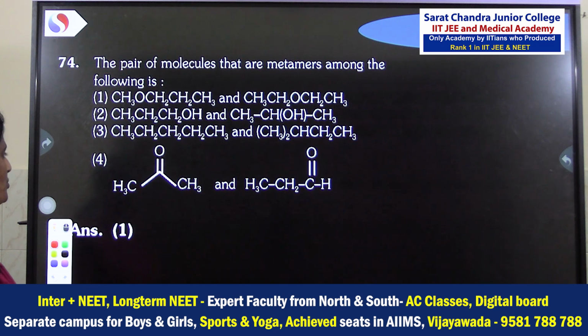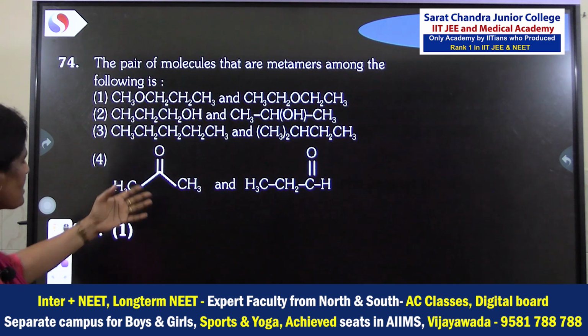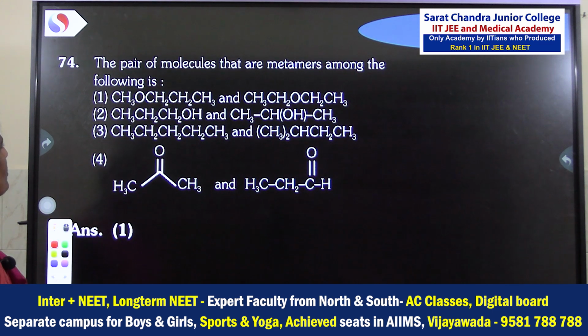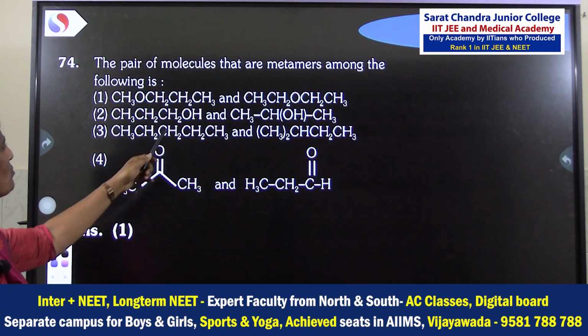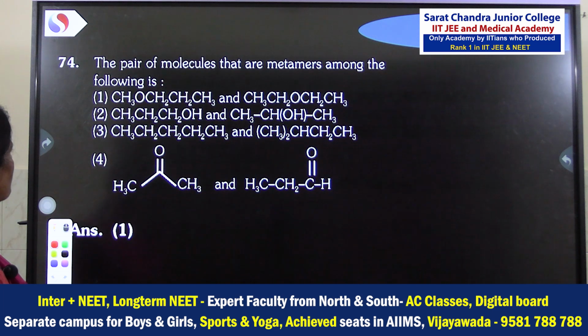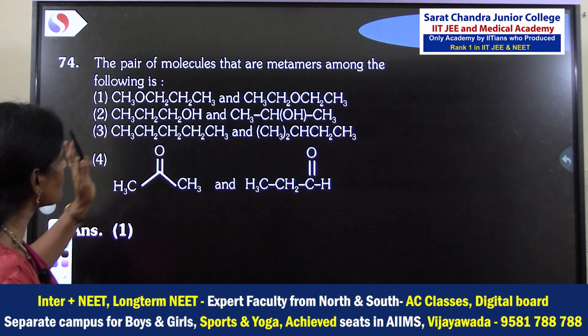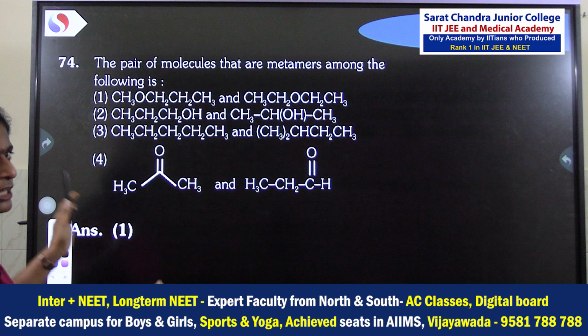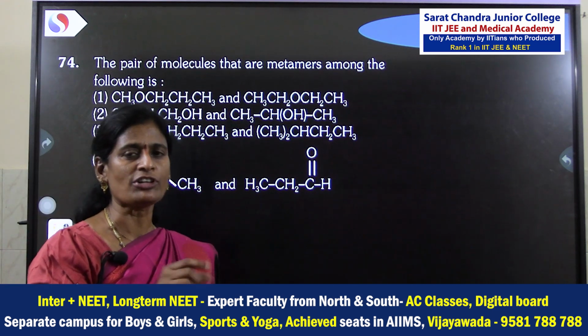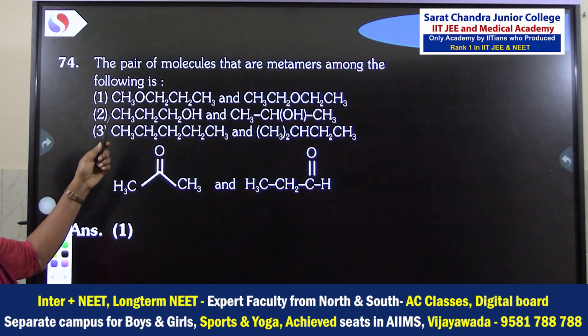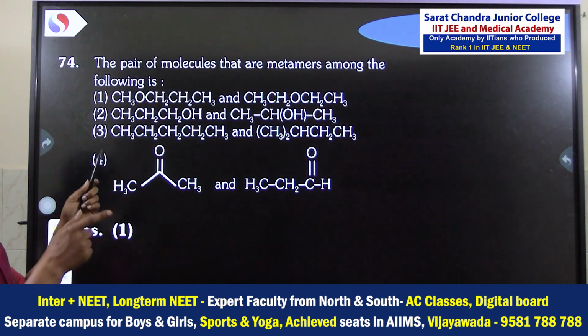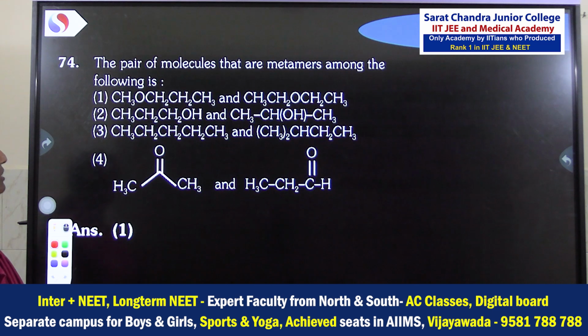Bivalent functional groups means keto group or ether linkage or esters, etc. In case of alcohols, there is no metamerism because that is a monovalent functional group. And in case of alkanes also there is no metamerism. Metamerism means same functional group and same molecular formula, but the alkyl groups attached to the same functional group must be different.